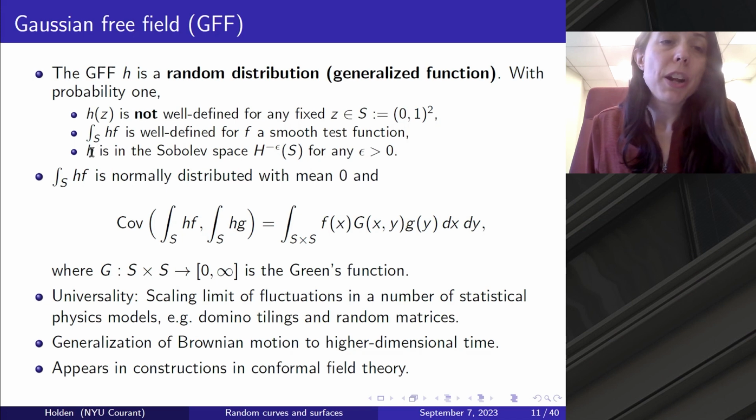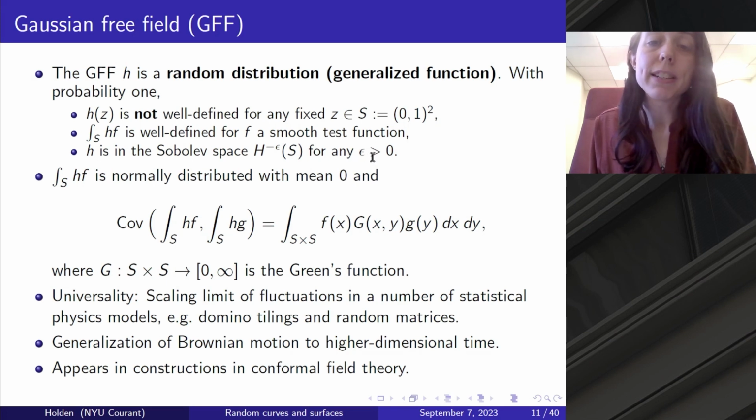To be more precise, one can argue that h is an element of the Sobolev space H minus epsilon of S for any epsilon greater than 0. So if we set epsilon equal to 0, then this is simply an L2 space of functions. So we see that this Gaussian free field almost has the regularity of a function, but not quite.